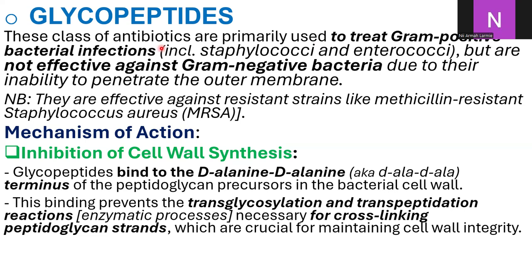In gram-positive organisms, basically, these have to be able to get to the D-alanine terminus of the peptidoglycan. There is a peptidoglycan precursor when the linkage is occurring.